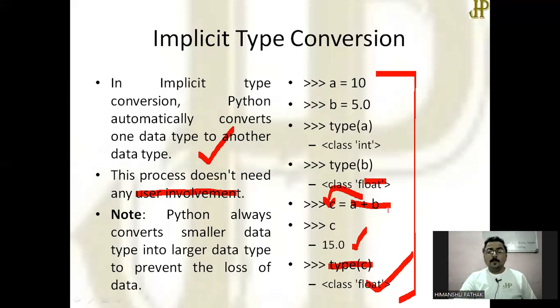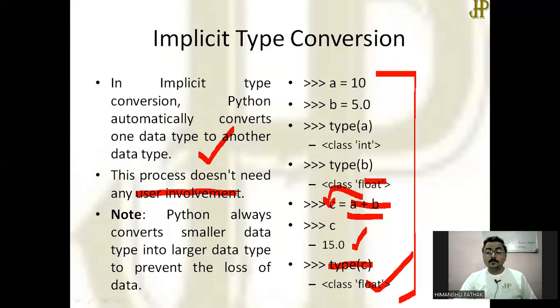Why? Because in the calculation of a plus b, a is of integer type, it is implicitly converted into floating point. And floating point plus floating point, the answer will be in floating point, and it is given to the variable c.